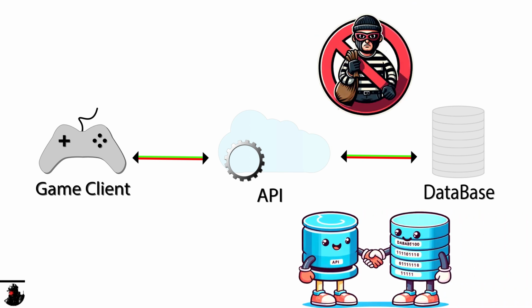Utilizing server-side APIs offers a robust alternative to direct connections. They act as secure intermediaries, ensuring data integrity, player fairness, and system scalability. By adopting this approach, you safeguard your game from security threats, performance issues, and legal challenges, all while providing an optimized gaming experience.